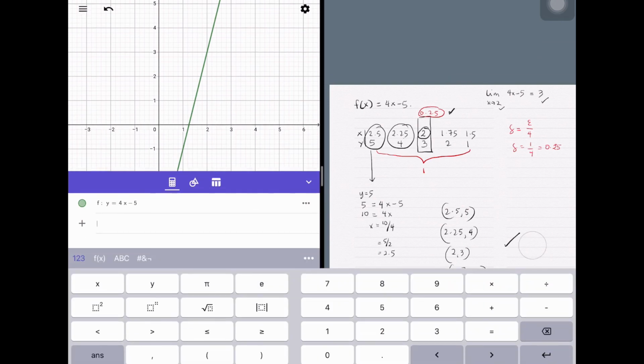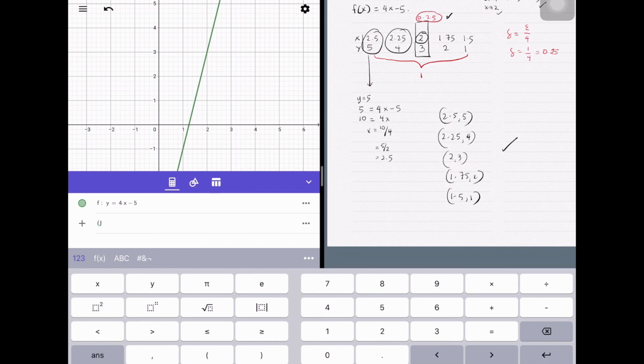Of course, one way of checking if these values are correct is to plot this on the graph.